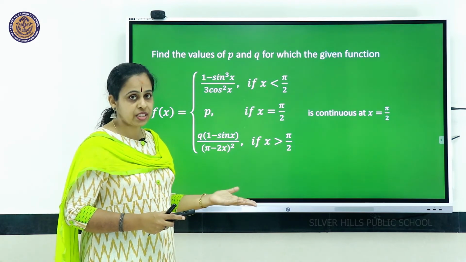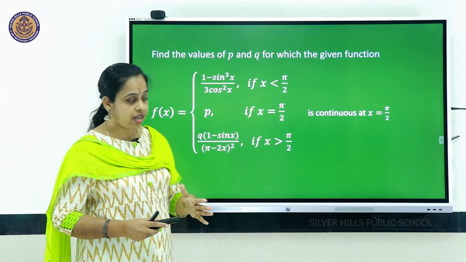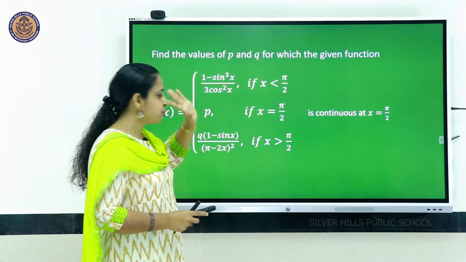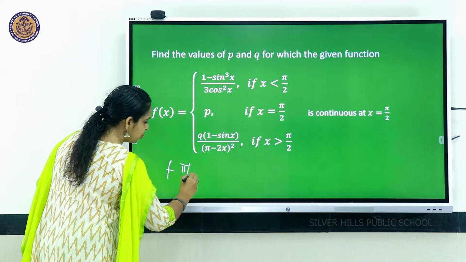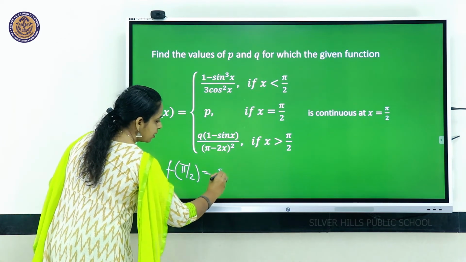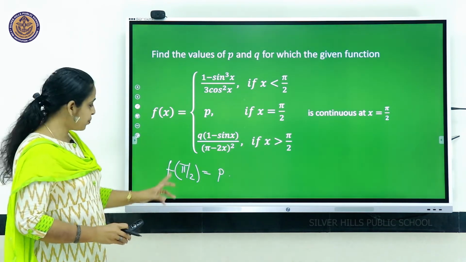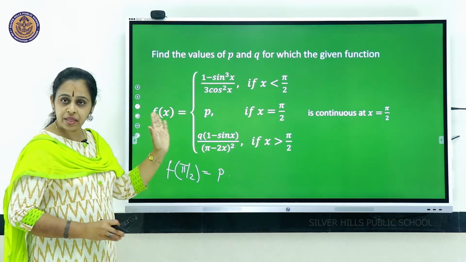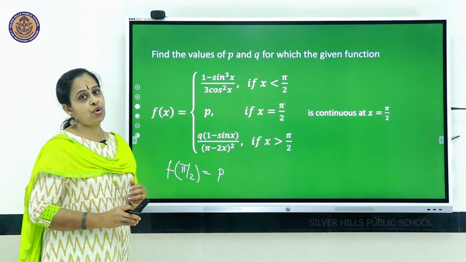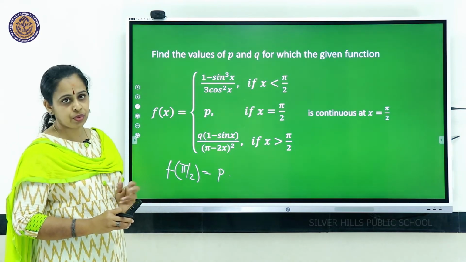You have to take the LHL, the RHL and the value at pi by 2, P. Here directly we can write f of pi by 2 is equal to P. This we will utilize after finding LHL and RHL. Equate the three of them, then we get the values of P and Q.